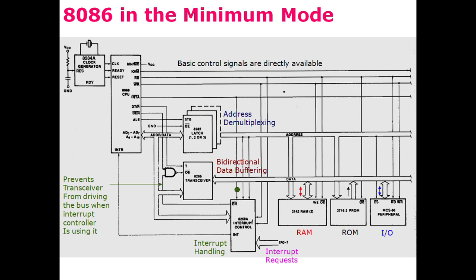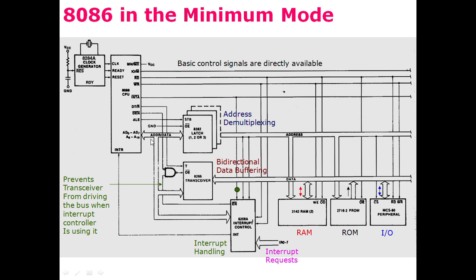They are used for sending and receiving data, as well as for sending the address. So these pins are connected with these buffers, and these buffers demultiplex the address, and then the address bus is connected here, as we can see.